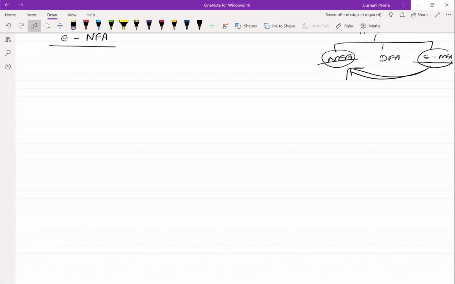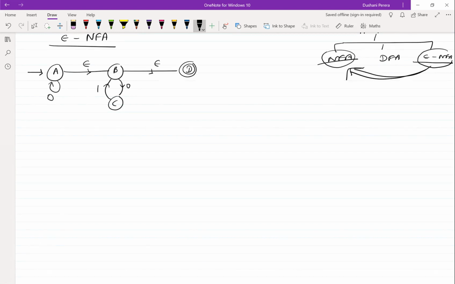Something like this. Only you have a state, another initial state. Something like this.